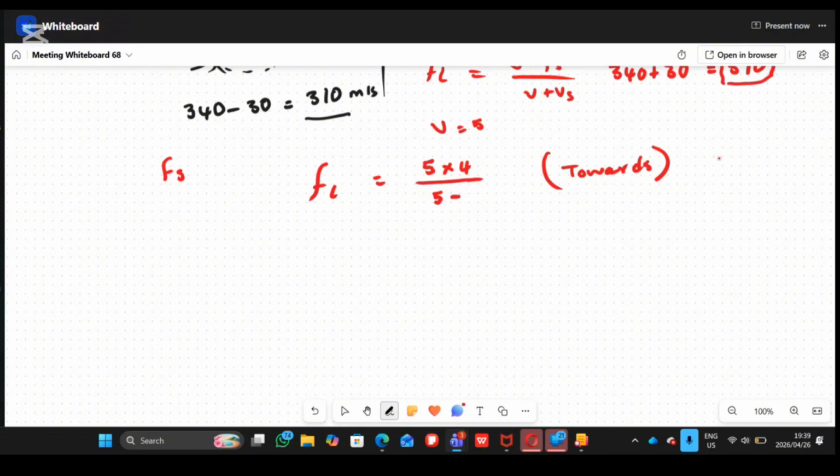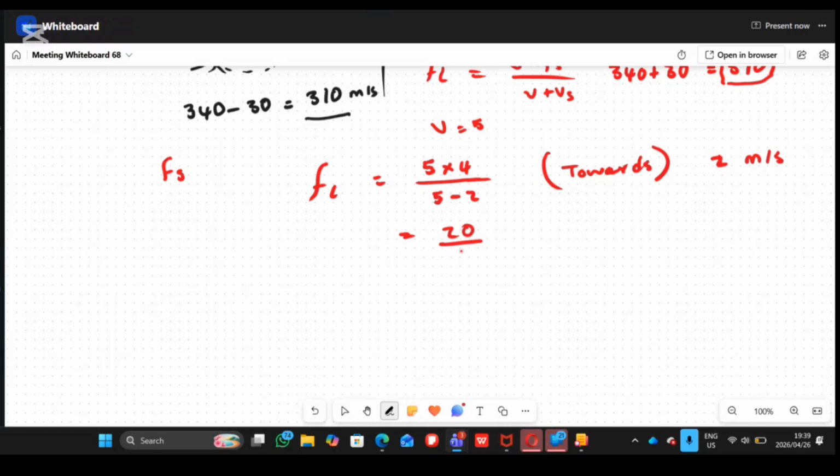Let me use 2. So if my sound source is moving at a velocity of 2 meters per second, I'm going to subtract 2. So what I'm going to have now is 5 times 4 is 20.